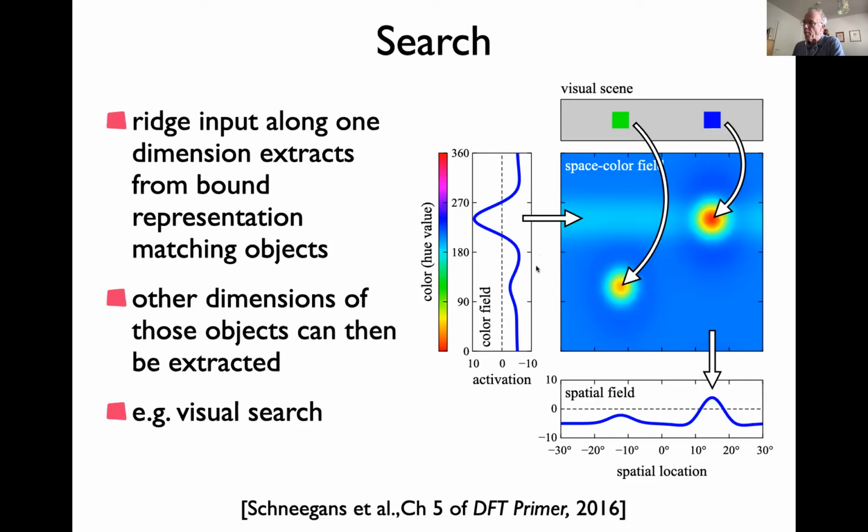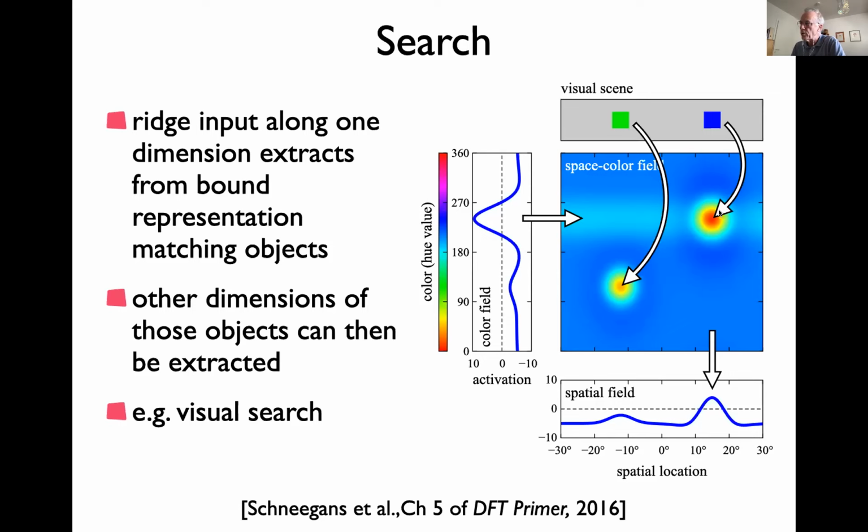And that is a combination of these two processes that I just talked about. It would be a case where you have a bound representation because you really have a visual scene, let's say with two objects. And now within that, you want to attract your attention to something specific that you know something about. Like, I want the blue thing. I want to reach for the blue thing. And so what you do is you provide this ridge to the blue thing, and where it overlaps with one of those two-dimensional representations, you create a peak, and you do that again by choosing the threshold, right?